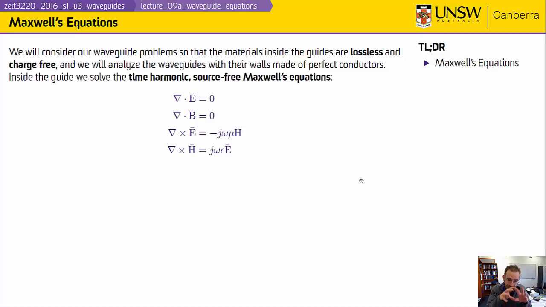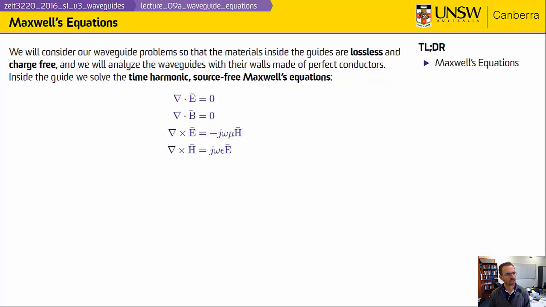So that means that inside the space of our waveguide, we'll be able to restrict ourselves to solving the time harmonic source-free Maxwell's equations. And of course, we're going to look at the time harmonic Helmholtz equation in source-free media as the equation that we're really going to solve. But we already know that the time harmonic Helmholtz equation is just a restatement of Maxwell's equations. So these are the four equations.